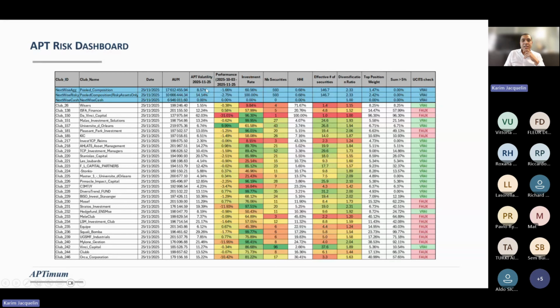So you have the volatility for each of those portfolios, the performance, the investment rate. So in this case, for the pool composition, you can see that the investment rate is 60%, which means that on average, the clubs have 40% in cash. The number of securities, and some indicators that I will explain in the detailed risk reports.